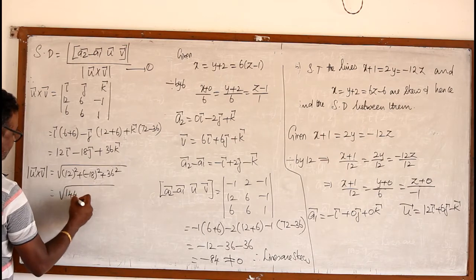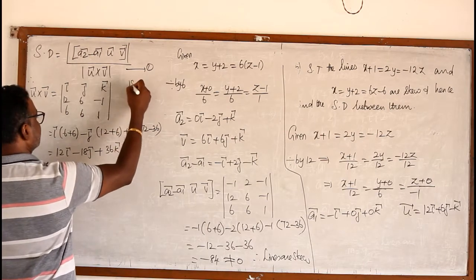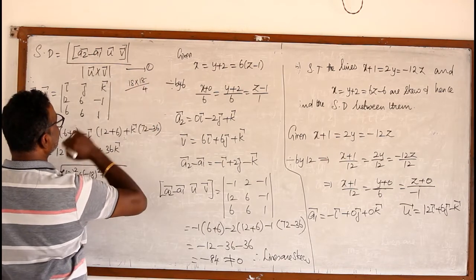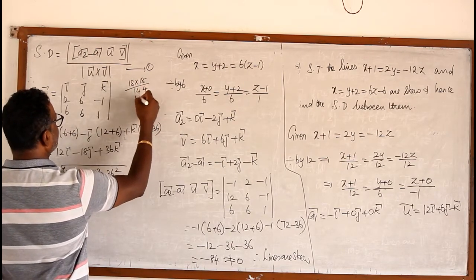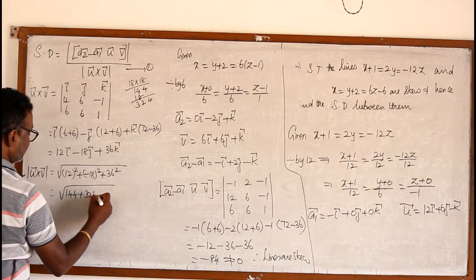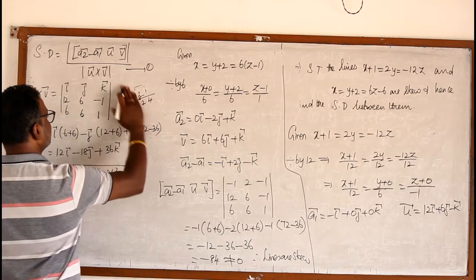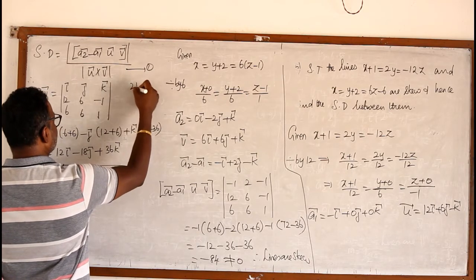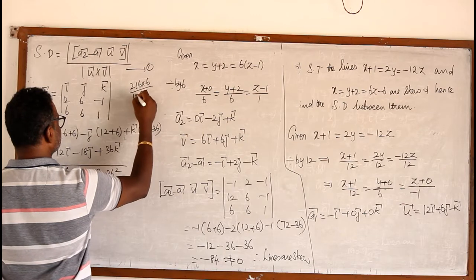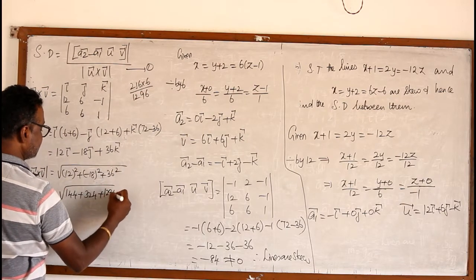12 square is 144. 18 square is 18 into 18, which is 324. 36 square means 6 power 4, which is 1296.